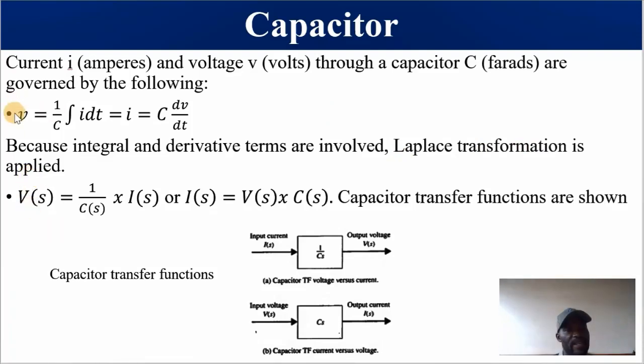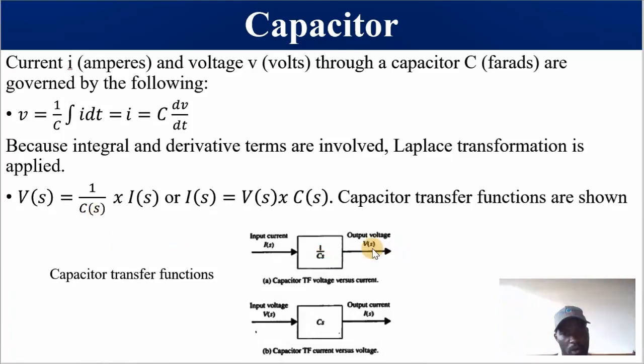And we are saying the Laplace transform of v is equal to V of S, and this is equal to 1 over C of S multiplied by the Laplace transform of i, which is I of S. Making I of S the subject of the formula, we've got current is equal to V of S multiplied by C of S. So the current transfer function is shown in these two blocks, and we are saying the relationship between the input current and the output current is governed by this mathematical model or the mathematical equation, which is equal to 1 over C of S.